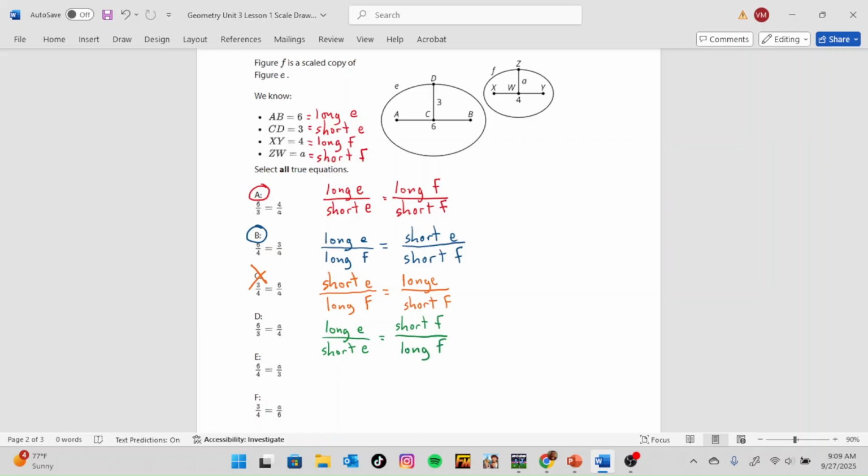Again, we're not comparing the same thing. If I want to compare the long part of E in ratio to the short part in E, then I need to make sure that I'm comparing that like I did in A, with the long part of the other on top and the short part of the other on the bottom. D flips those, so now the comparison we're making isn't a true comparison. The ratios are not going to be the same, and therefore D is not a true equation.